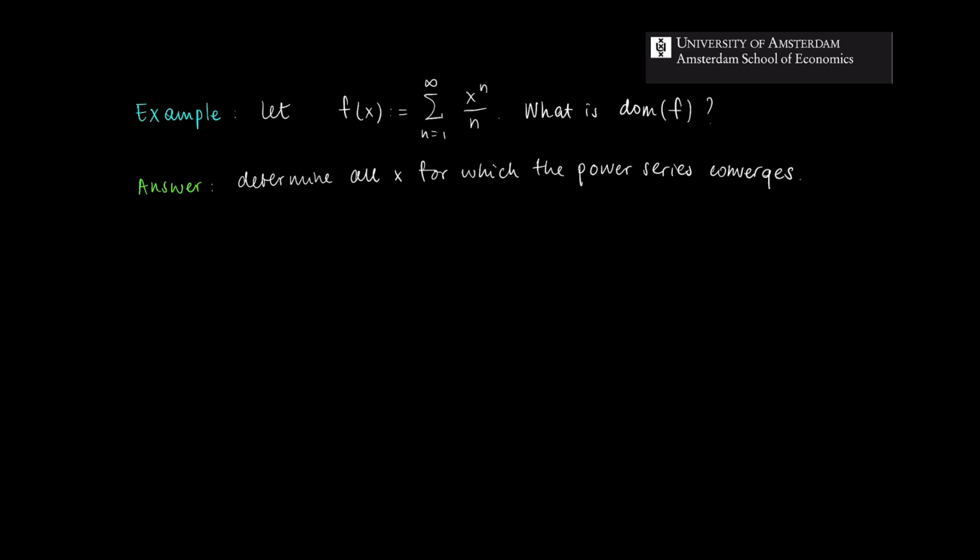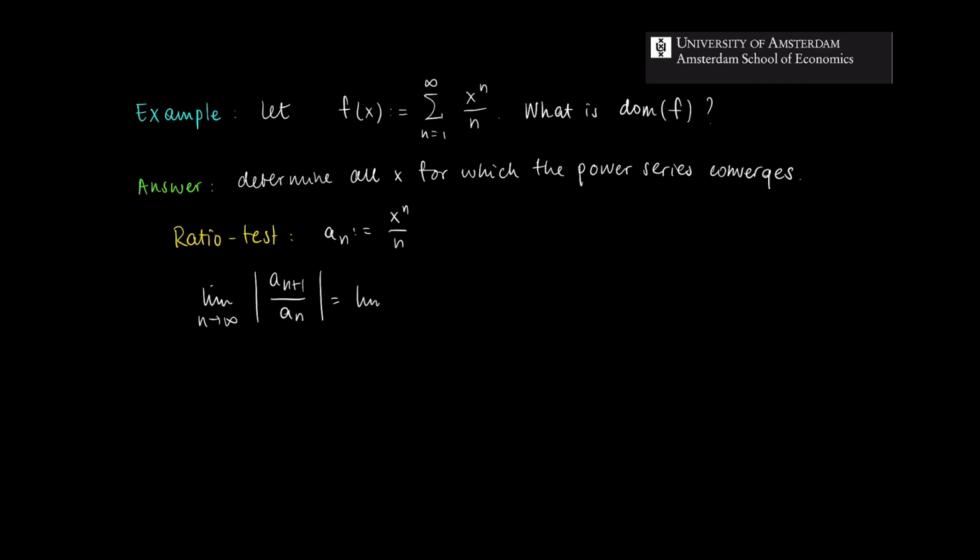Okay, we're going to use the ratio test. We've seen this before. So the ratio test applied to the power series is that we define a sequence by a_n equal to x to the power n divided by n. And then we're going to look at the limit of the absolute value of a_(n+1) divided by a_n.